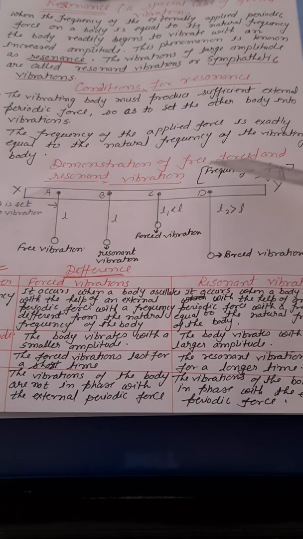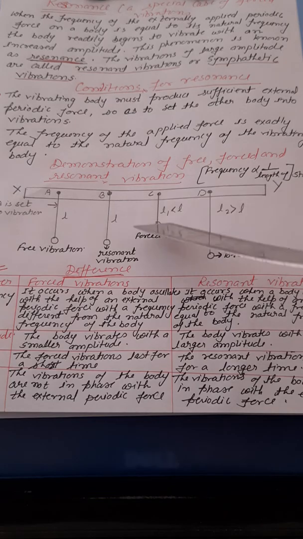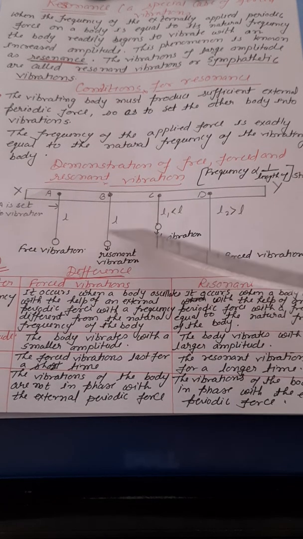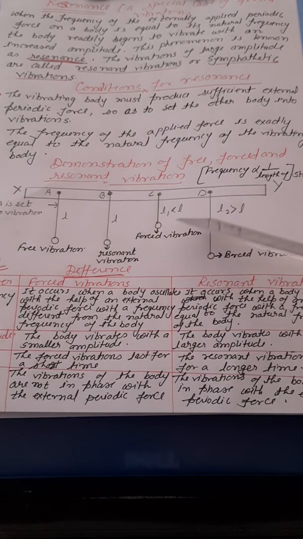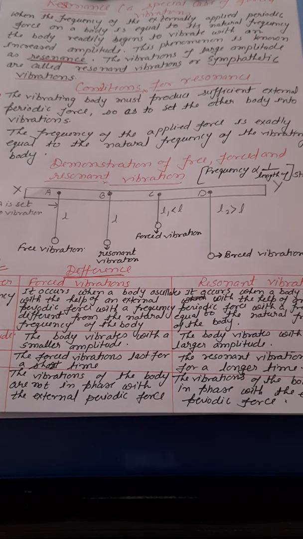Now here, with the help of a diagram, I would like to recapitulate all. This is one of the questions, and this demonstration is given in the exam also, and various questions are asked based on this diagram. See here, there are 4 pendulums of different lengths.